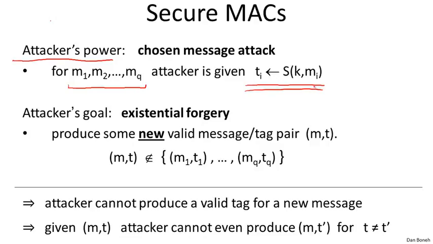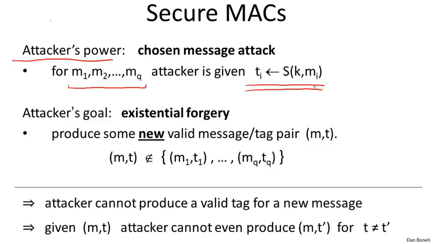Alice might want to save the email to disk in a way that will prevent someone from tampering with the disk. So she'll compute a tag on the message and save the message and the tag to disk. Later on, the attacker might steal Alice's disk, and now he's recovered Alice's tag on the message that he sent to Alice. So this is an example of a chosen message attack in the real world where the attacker actually obtained a tag on a message that he gave Alice.